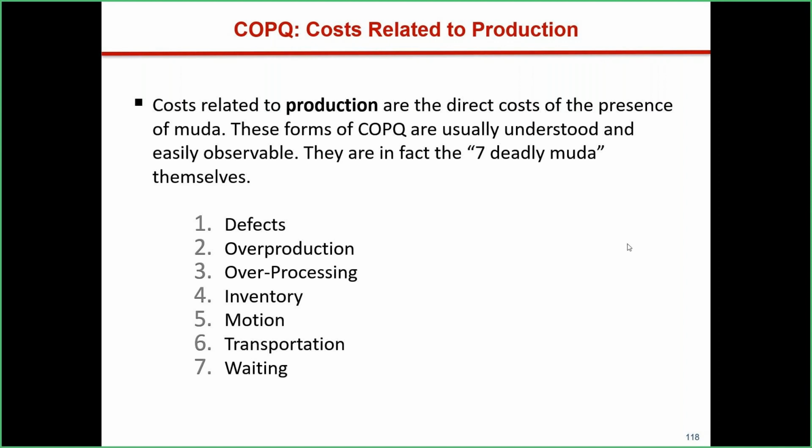So let's take an example to make it much clearer why this is considered a cost of poor quality. Say, for example, I'm working at Mr. Biggs, and I sell burgers, and then I have to get some ketchup.